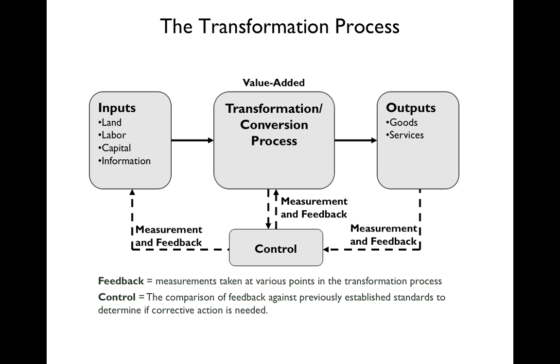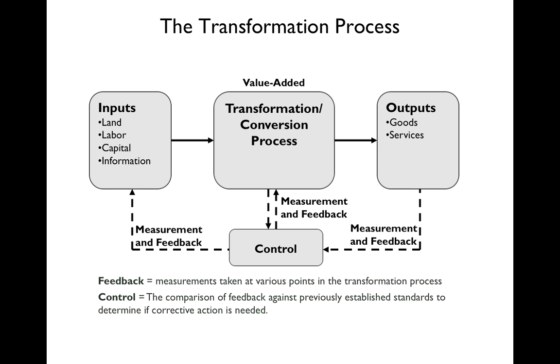Now this is the transformational process. This is where you add value. This is really what you do. So on the left you have inputs. Could be land, labor, capital, information, raw materials, whatever it is. Then you go through some kind of a transformational process.